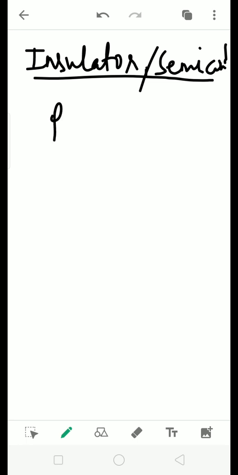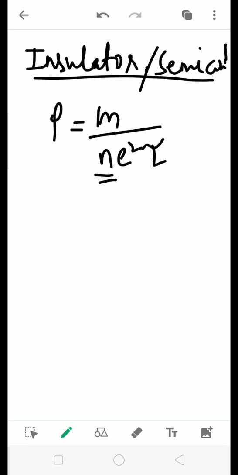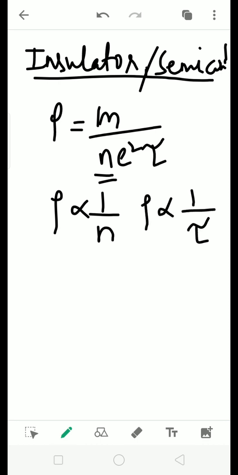So now if I write the same equation, rho equals m over n e square tau, since n now depends upon the temperature, rho depends upon n as well as on the relaxation time.